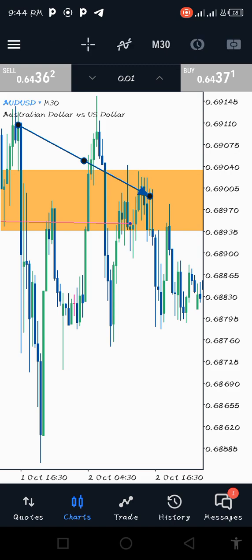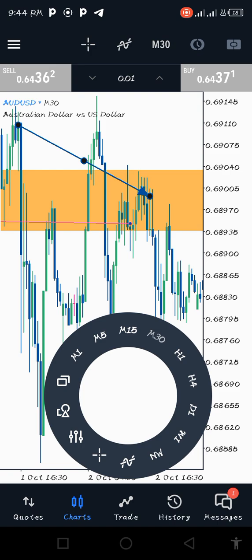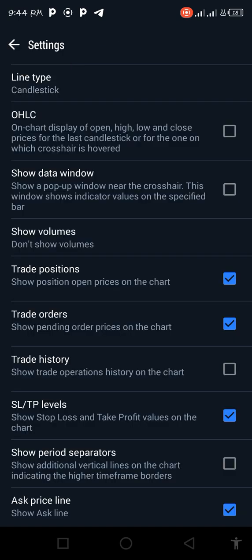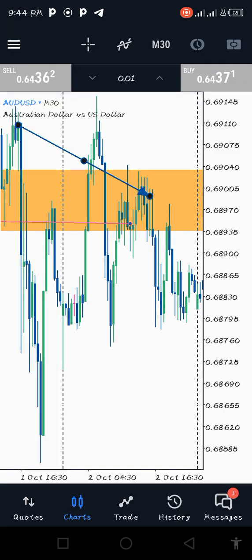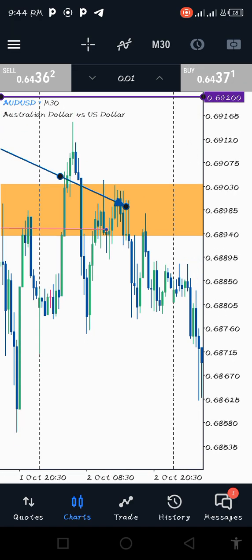Let me apply period separators. Okay, around midday when this was in the Asian session, and that was our London session, and this was in the New York session.